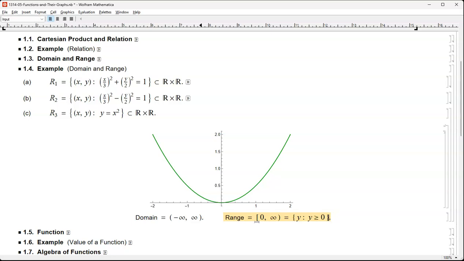One more thing, we have to have a bracket here, not parentheses, because y equal to 0 at this point, yeah, that's part of the graph. It's possible: (0, 0). If you plug in (0, 0), it'll work out. So this point is okay. 0 is allowed. So we have to start from 0. It's a bracket. And toward infinity, of course, we have to have infinity. No real number is equal to infinity or negative infinity. So always parentheses at infinity.